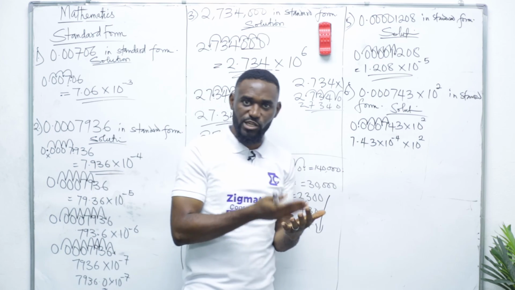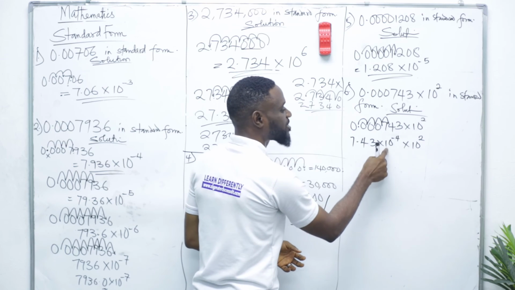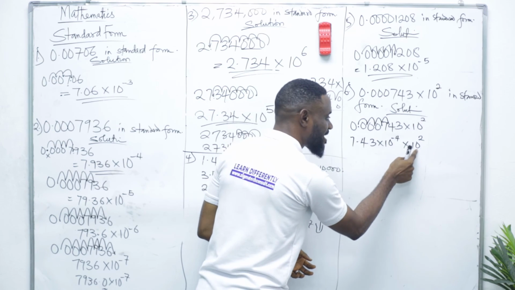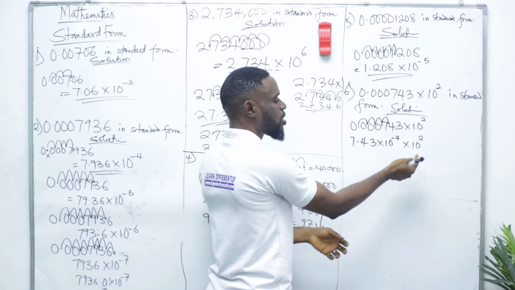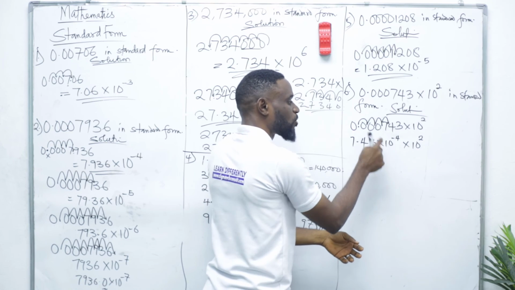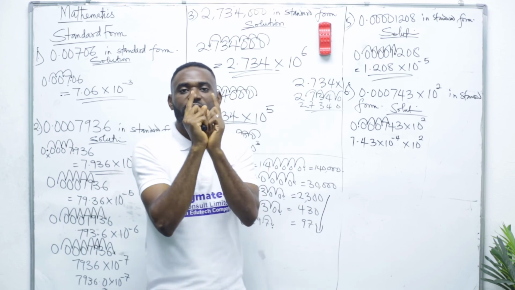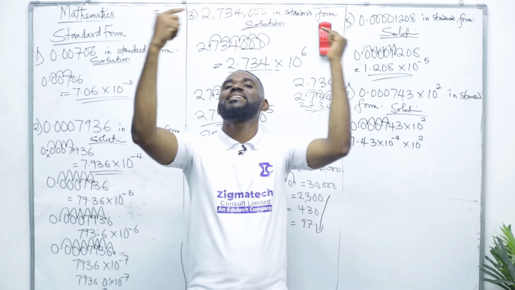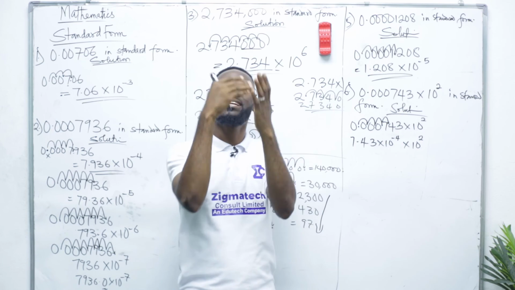Once you have 2 numbers of the same base, this is base 10, this is base 10, this is power of 2, this is power of minus 4. But they have the same base. So we bring out one of their bases, just one, and add their powers.